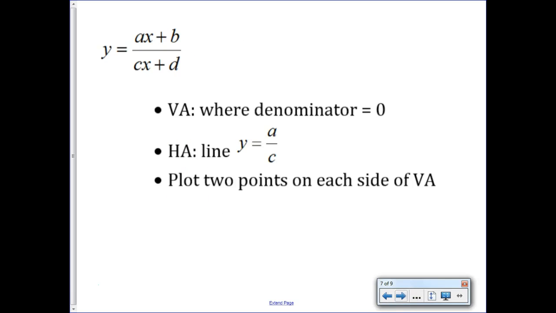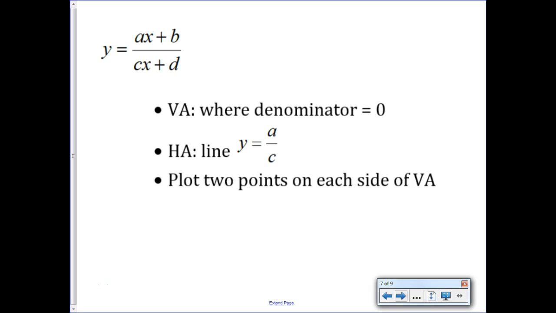The other way that you might see this is ax plus b over cx plus d. So you'll have two linear pieces there divided by each other. So the vertical asymptote is where the denominator is equal to 0. So you'll just set that whole denominator equal to 0, find out what it is.